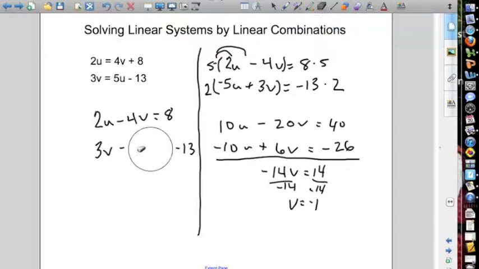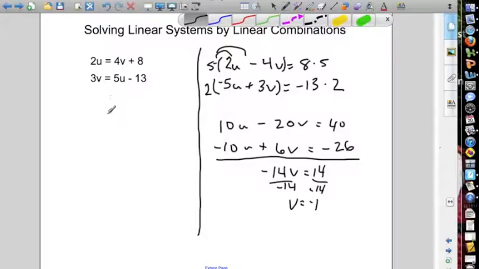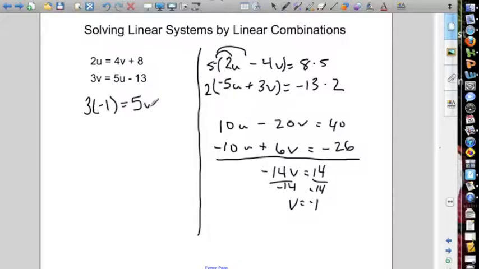Once I know that v equals negative 1, I can go through. Let me just get my eraser here. I can go through and I can substitute that into one of my originals. And so let's just say we know here that v is negative 1. So 3 times negative 1 is equal to 5u minus 13. So negative 3 is equal to 5u minus 13. Add 13. Add 13.